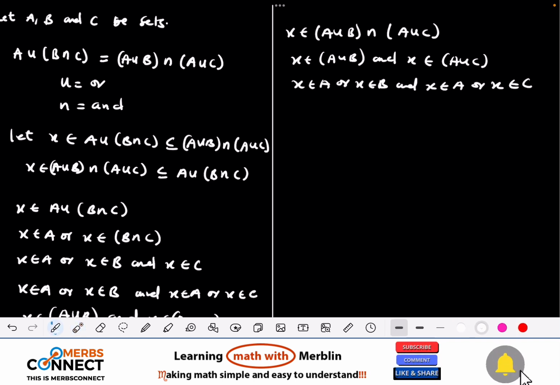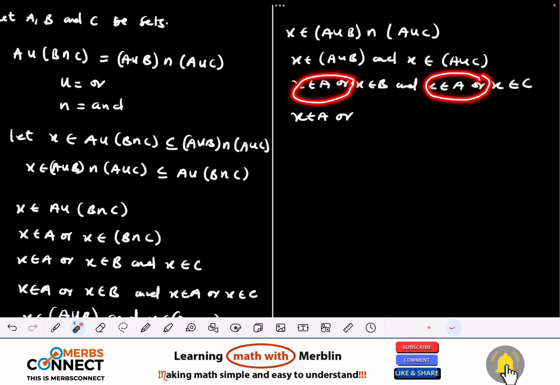So when I factor X belongs to A out, what will be left? Like I'm trying to factor this out, right? This and this out together with the or, because you can see that union is here. So I'm going to factor this one together with the or out. So when I factor this one out and factor this one out, what will be left?